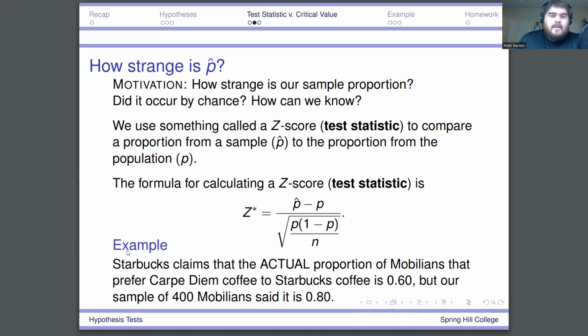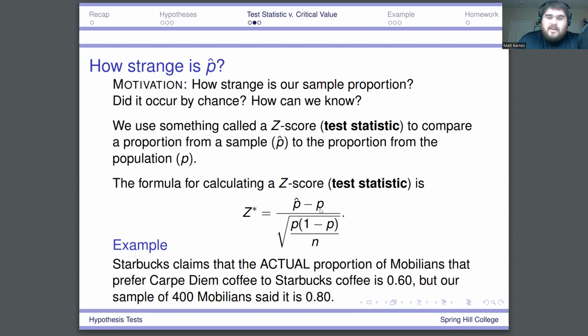So if we have Starbucks claiming our actual proportion of Mobilians who prefer Carpe Diem to Starbucks is 0.6, but our sample set was 0.8, what we can do is find a test statistic by using these two numbers, right? So we would have 0.8, that's from our sample, so that's our p hat. 0.6 is what Starbucks is telling us, so that goes for p, and we're testing to see if that's accurate.